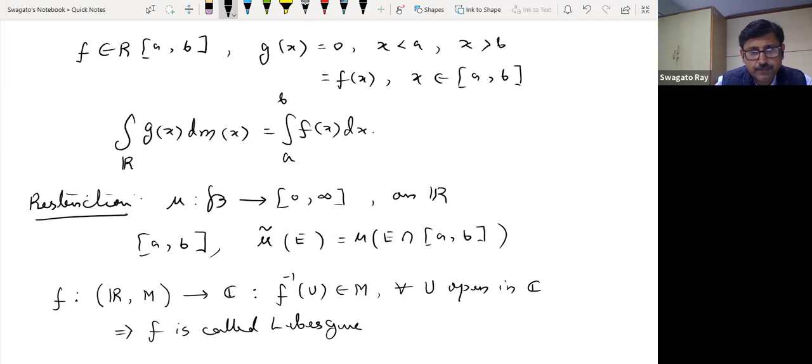Similarly, if you have the Borel sigma algebra instead of the Lebesgue sigma algebra, then under the analogous definition, f is called Borel measurable.